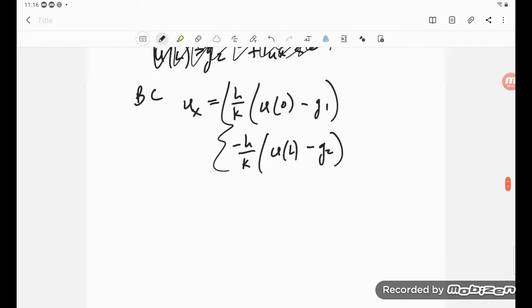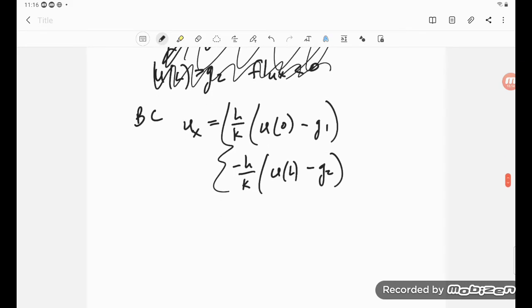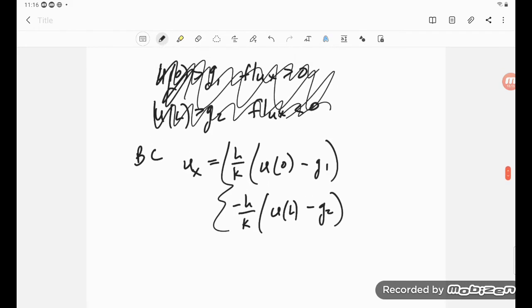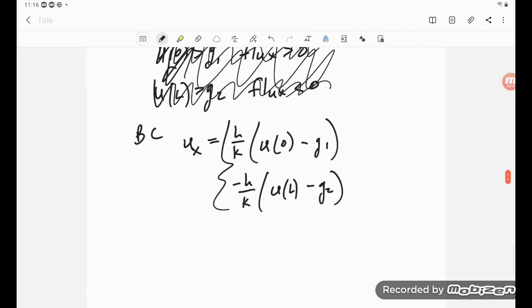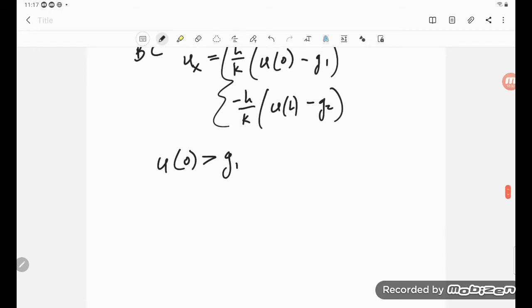And then notice in this case, okay, if u is greater, right? So again, I'll write that down now. If u of 0 is greater than G1, then, you know, and I'll put here, what do they say?